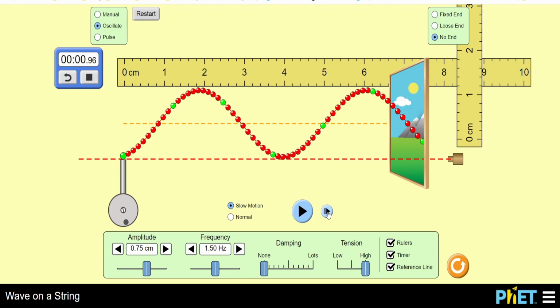Final term we need to talk about before we talk about simplifying this for us is the media. What media is in reference to is what the wave is moving through. Now, in this case, the media is a string, but if you're talking in the case of the ocean, the media would be the water. If you're talking about sound, the media is the air that it moves through.